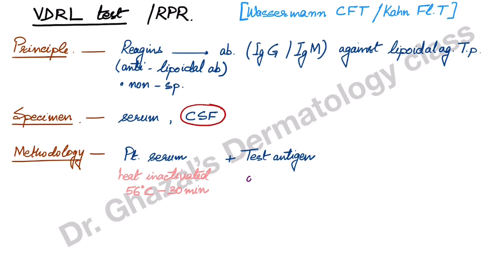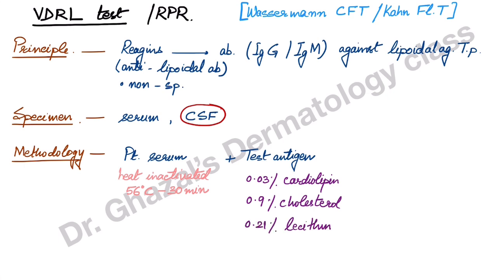Now we add the test antigen. Test antigen is a mixture of 0.03% cardiolipin, 0.9% cholesterol, and 0.21% lecithin. These are either synthetically made or derived from some animal source.